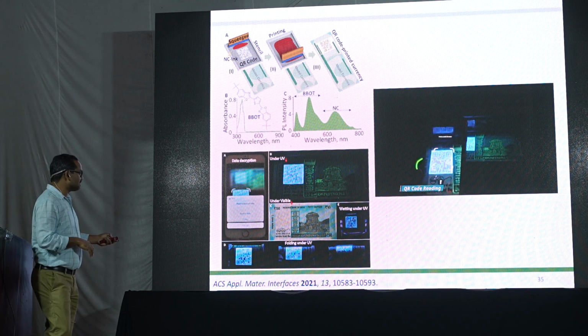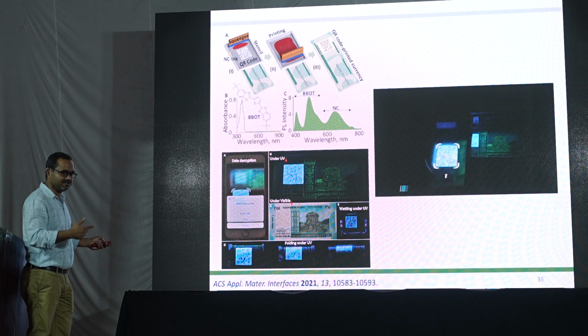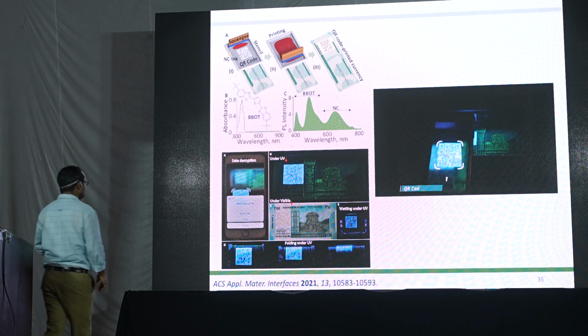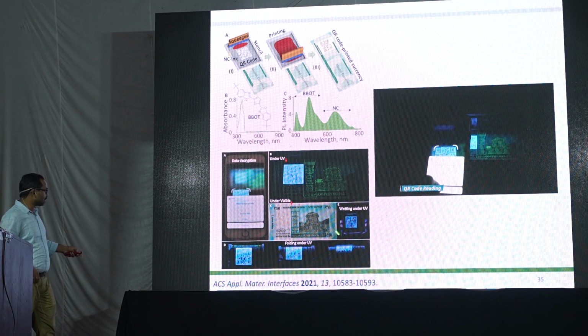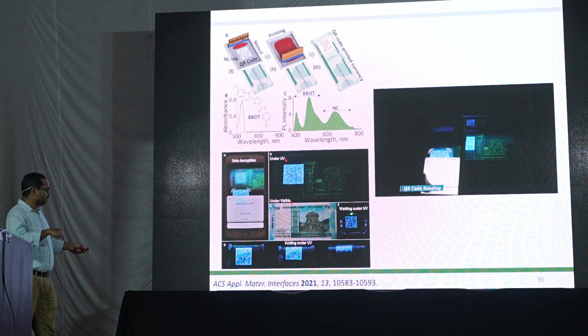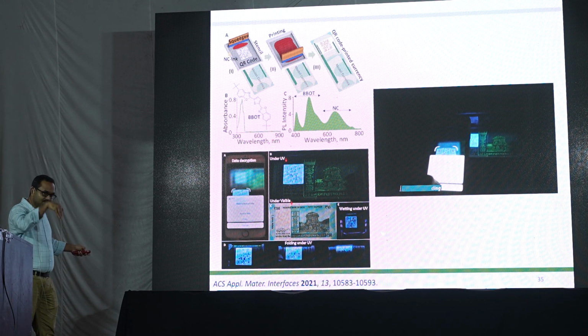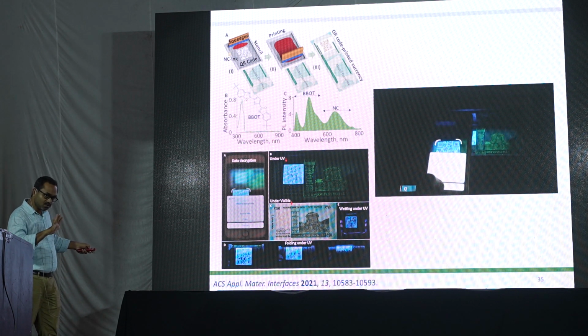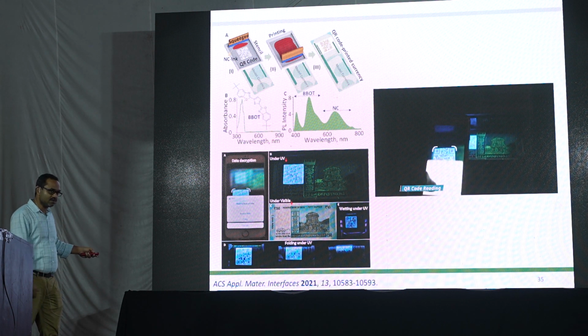This procedure is very fast, we can read very quickly. A QR code printed currency dipped in a water bath can also be read through the water. That is the beauty of this experiment.